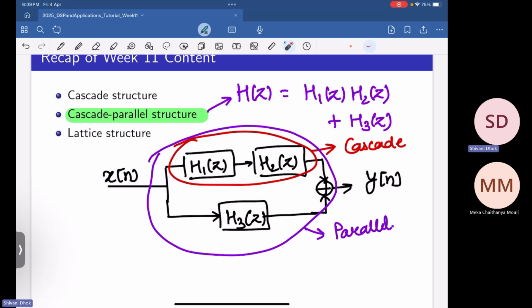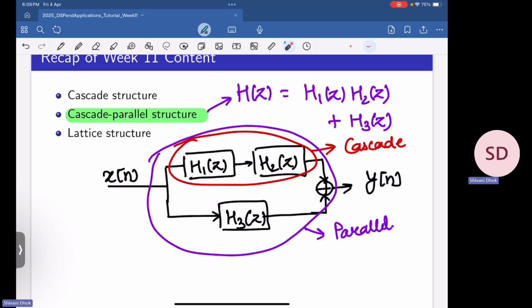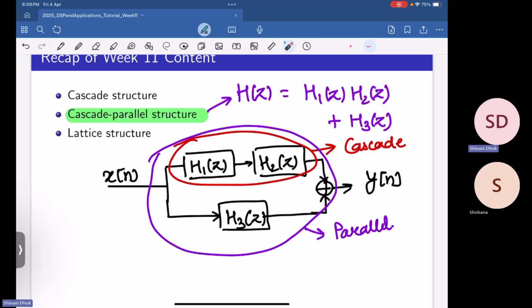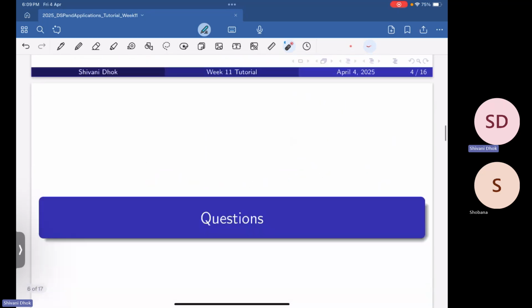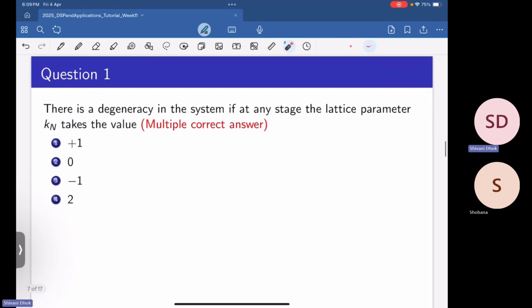Okay, any questions till this point? Okay, if there are no questions, then let me move on to the first question that I have planned to cover today.